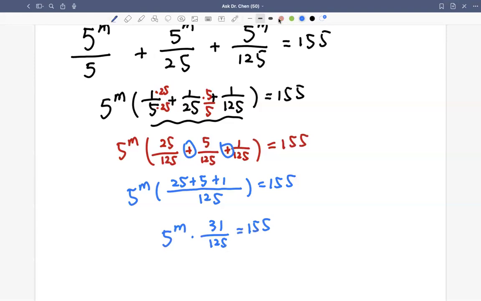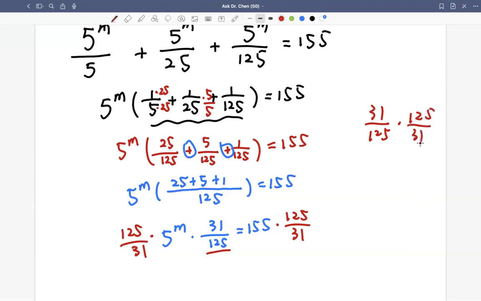So now on both sides we need to divide or multiply by the multiplicative inverse of this number. So we multiply on both sides by 125 divided by 31. Why do we want to do this? Because 31 over 125 times its inverse, which is just flipping the numerator and denominator, 125 divided by 31.